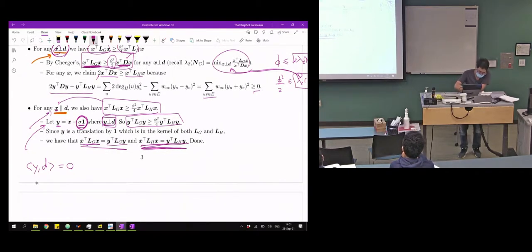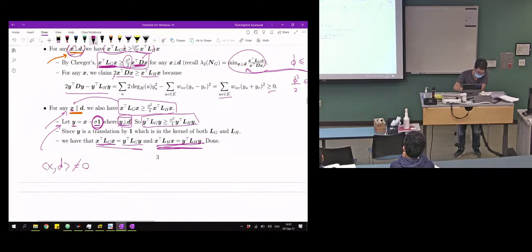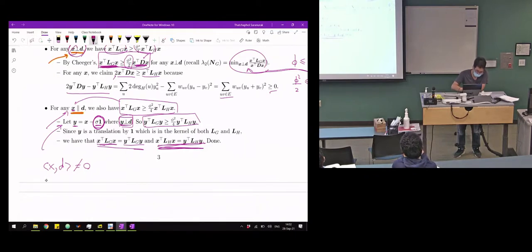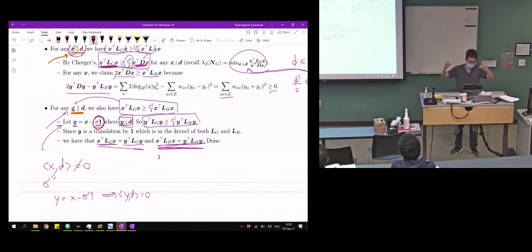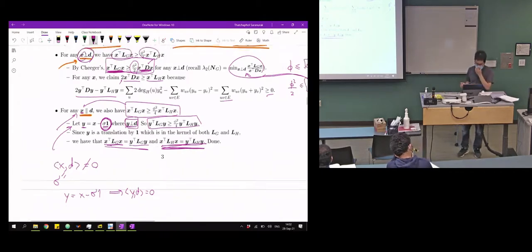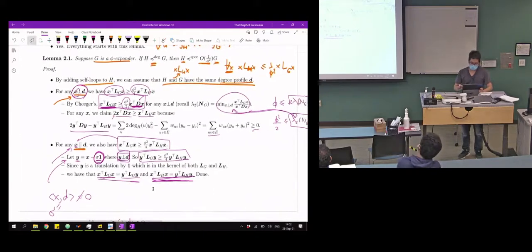But if this thing is non-zero, then if you choose sigma to be this thing, and set Y to be X minus sigma times the all-ones vector, then you would have that this is 0. You just translate it exactly so that it is orthogonal to D. Okay.